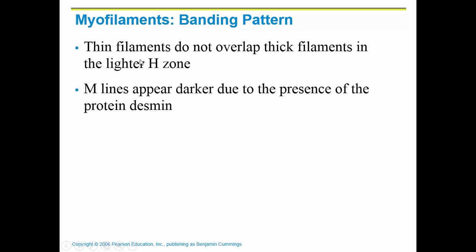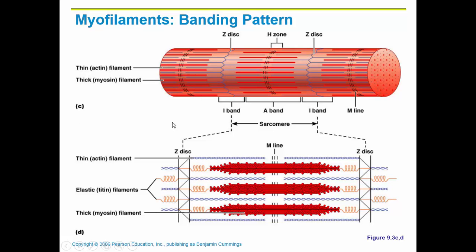Then you have this other portion of the myofilament where the thin filaments do not overlap the thick filaments, and you have something called an H zone. And then you have M lines, which appear darker due to the presence of a different type of protein called desmin.